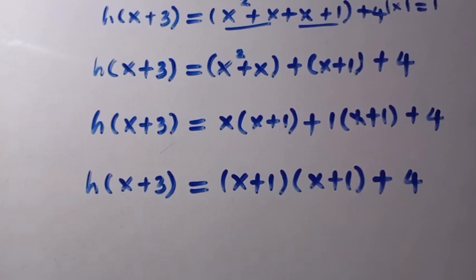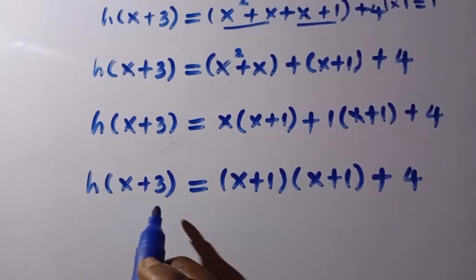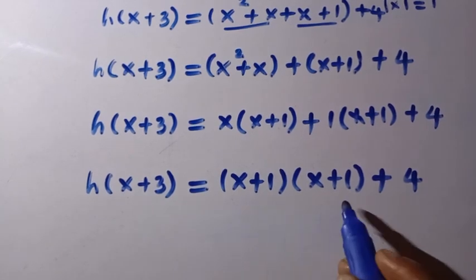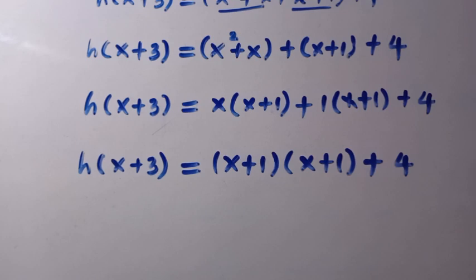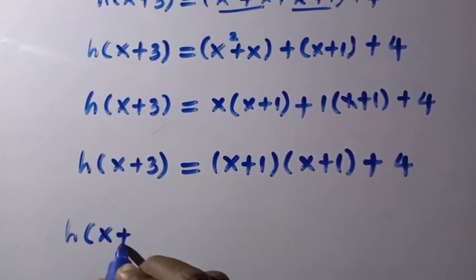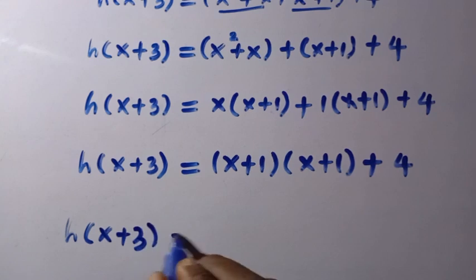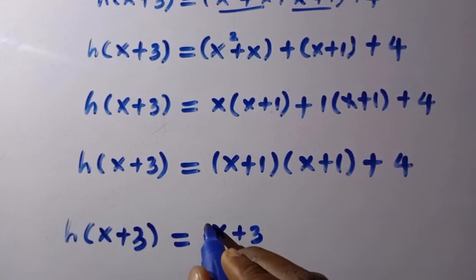Then here is what we have. Look at this domain. Our domain says x plus 3, and here is x plus 1, this is also x plus 1. We are trying to make everything x plus 3, so we just form manipulate this. If this is h of x plus 3 equals, instead of x plus 1, we can write x plus 3 here.